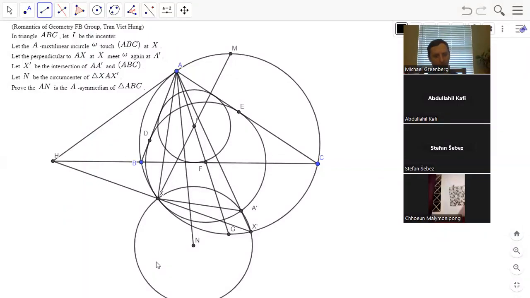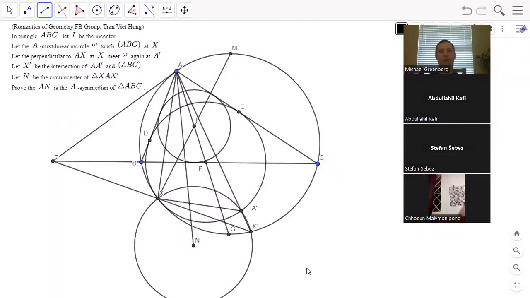And arc XX prime is twice angle XA prime A. So basically angle NXX prime is 90 minus angle XA prime A. And since we have that the angle at X is 90, then this angle is XA prime A, so that would mean it has to be tangent.